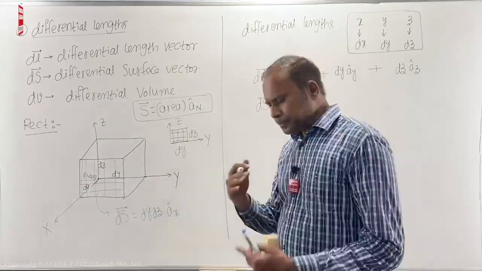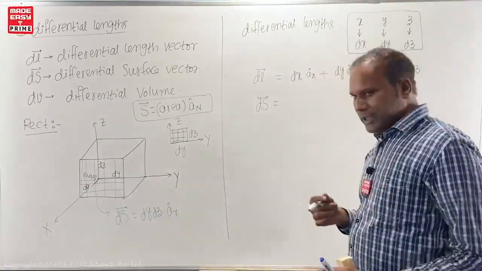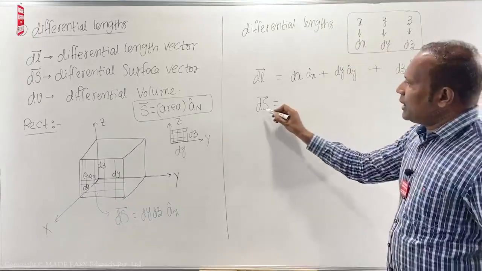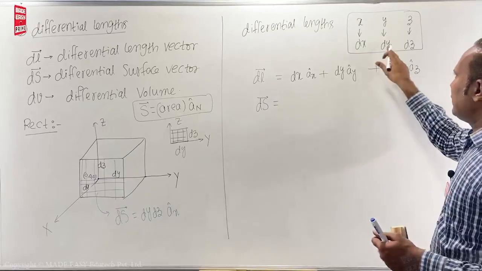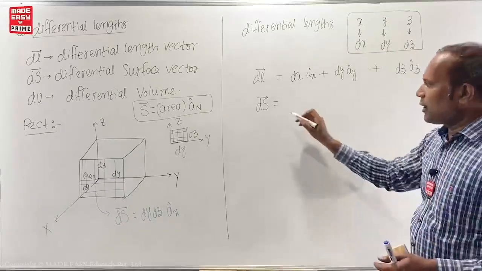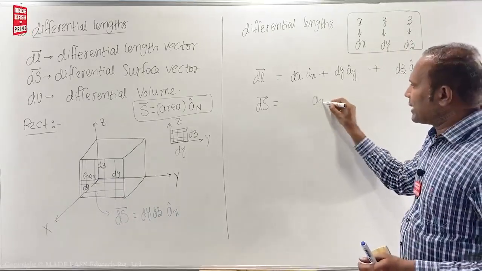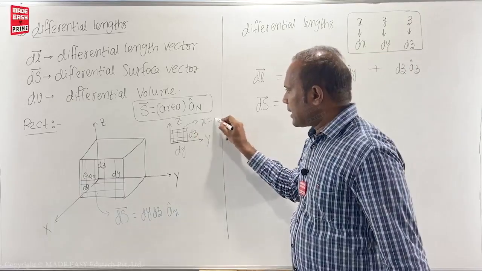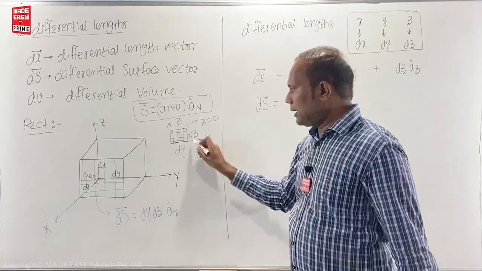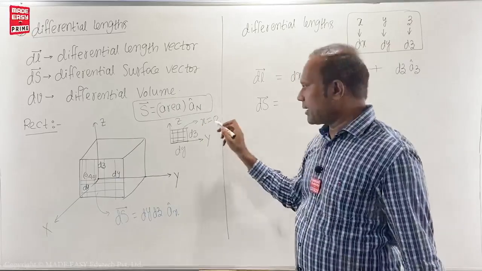Now what I want to tell you is that if you want differential surface, you remember these things, dx, dy, dz. If you want differential surface vector in x direction, then on that surface x is constant. I told you on the yz surface x is constant.